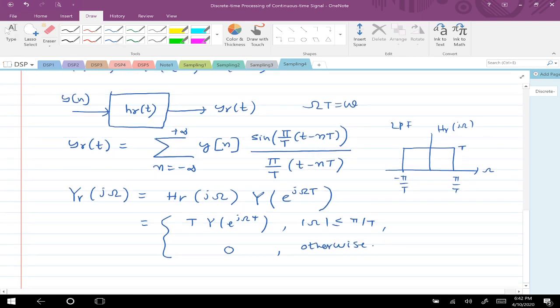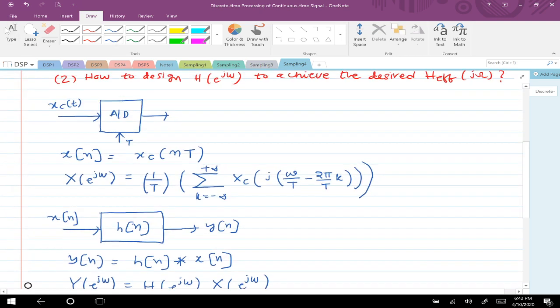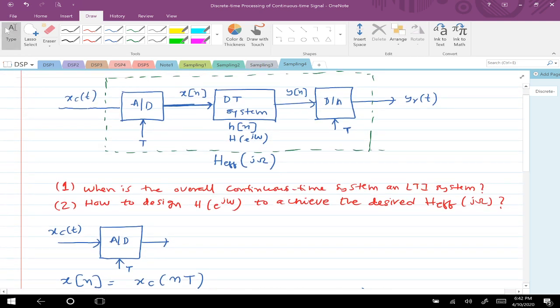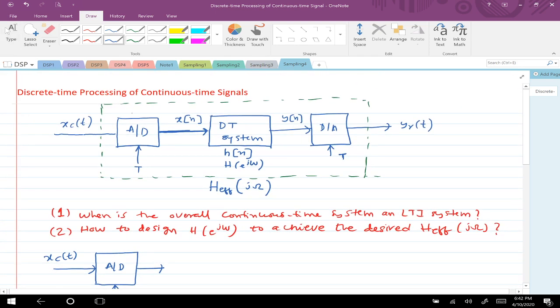So those are the individual blocks. We worked out first this block, then this, then this. Now let's try to concatenate everything and get the relationship between y_r(t) and x_c(t). That's what we will do now.